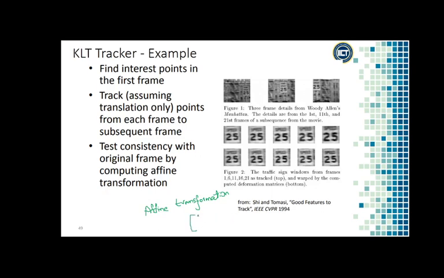So here we have one, one, two, two, two. This is translation, this is translation.